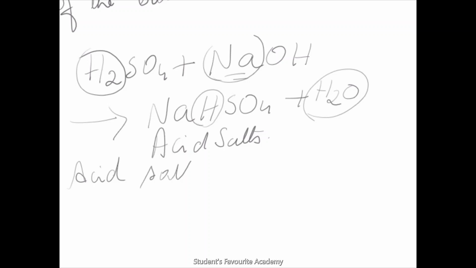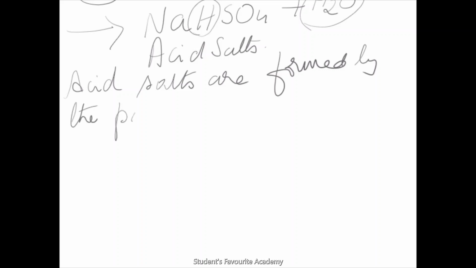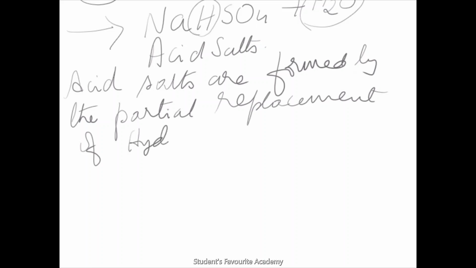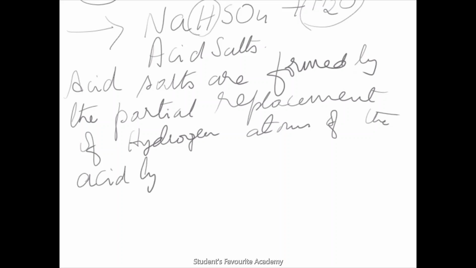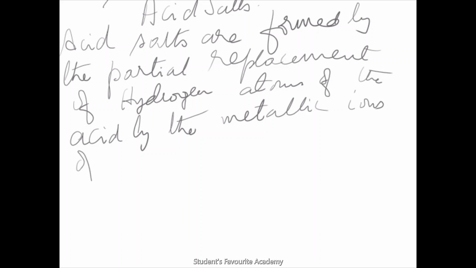Okay, so acid salts are formed by the partial replacement, partial meaning incomplete, of hydrogen atoms of the acid by the metallic ions of the base. Okay, so they are called acid salts.